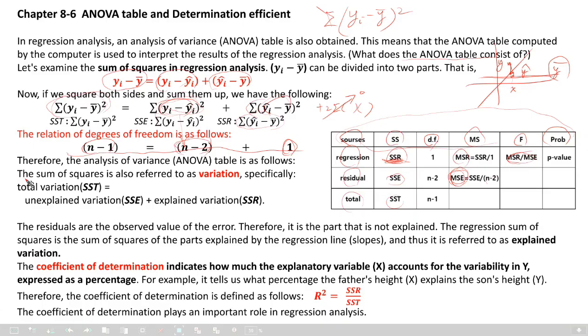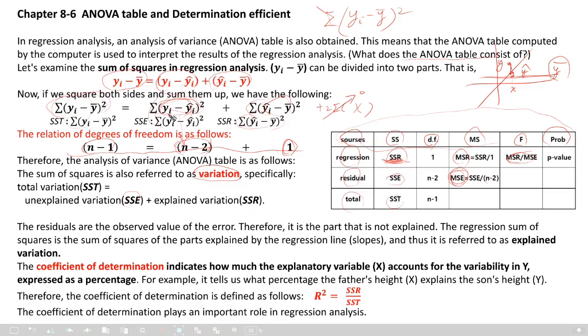The sum of squares is also referred to as variation. It is terminology. Specifically, total variation, SST, is a sum of squares. SST equals unexplained variation, SSE, plus explained variation, SSR.